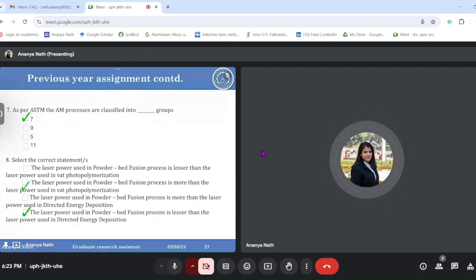Also, another answer is that laser powder bed fusion uses more power than, obviously, VAT photopolymerization. Again, VAT photopolymerization is the technique which uses the least amount of power of all the additive manufacturing techniques.